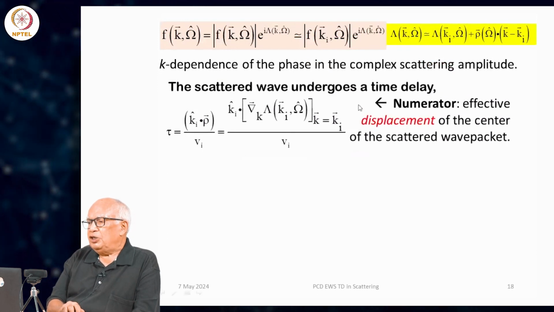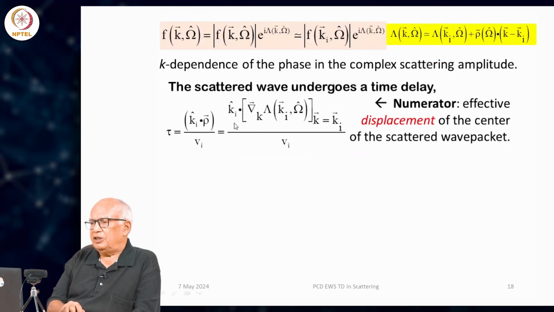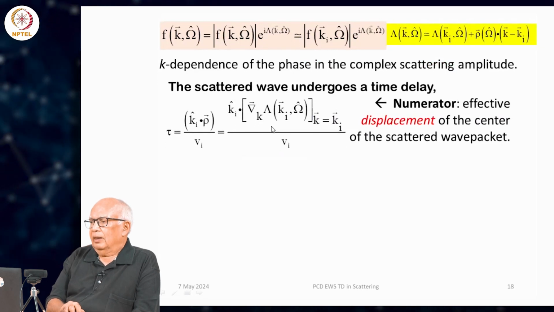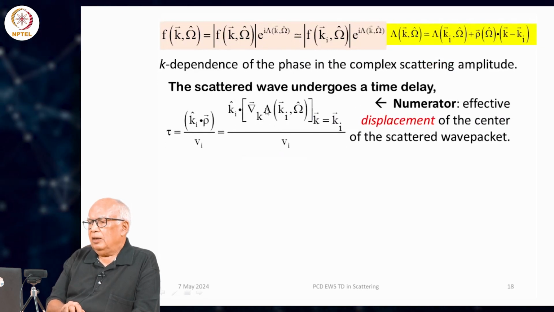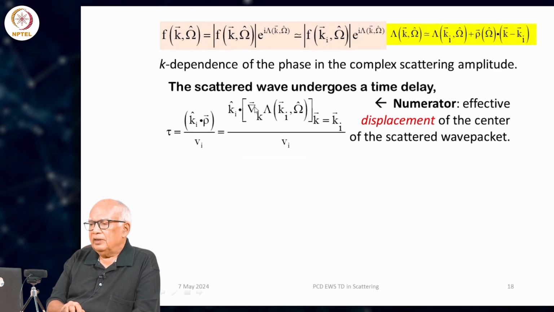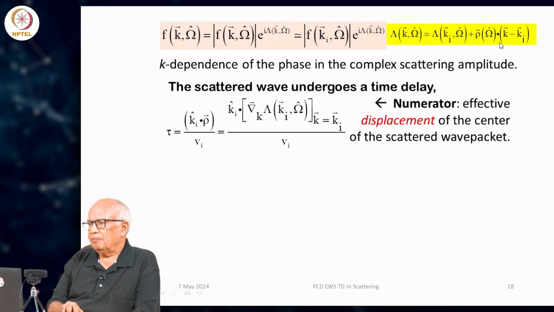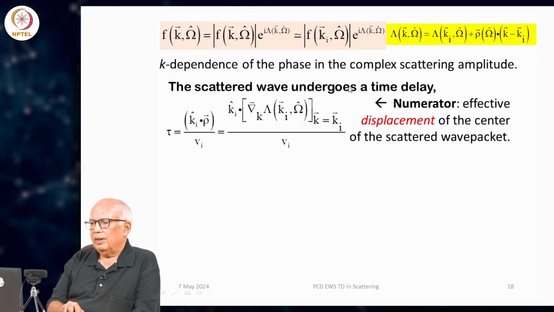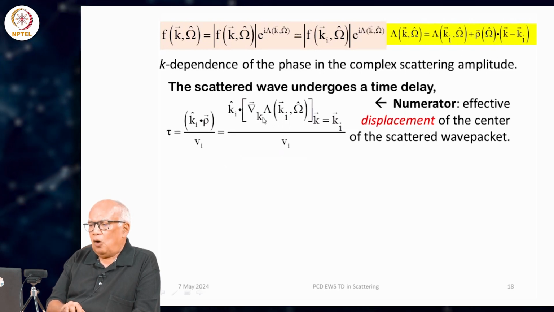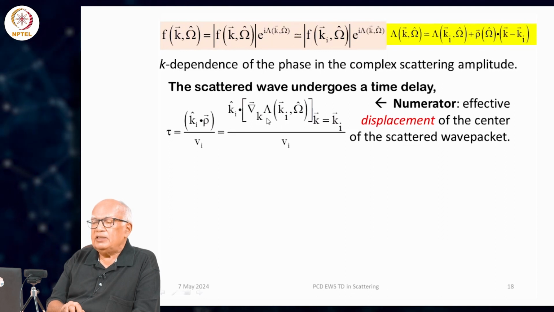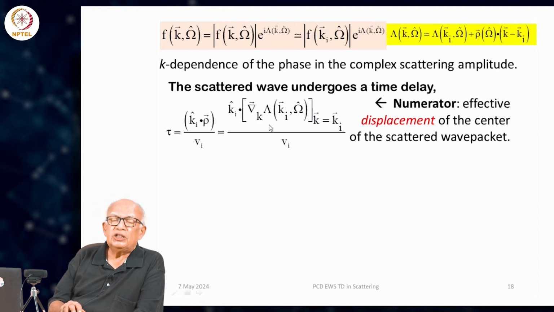And essentially, if you look at this relation, you have the component of the gradient along a unit vector over here, and this component of a gradient is nothing but a directional derivative.